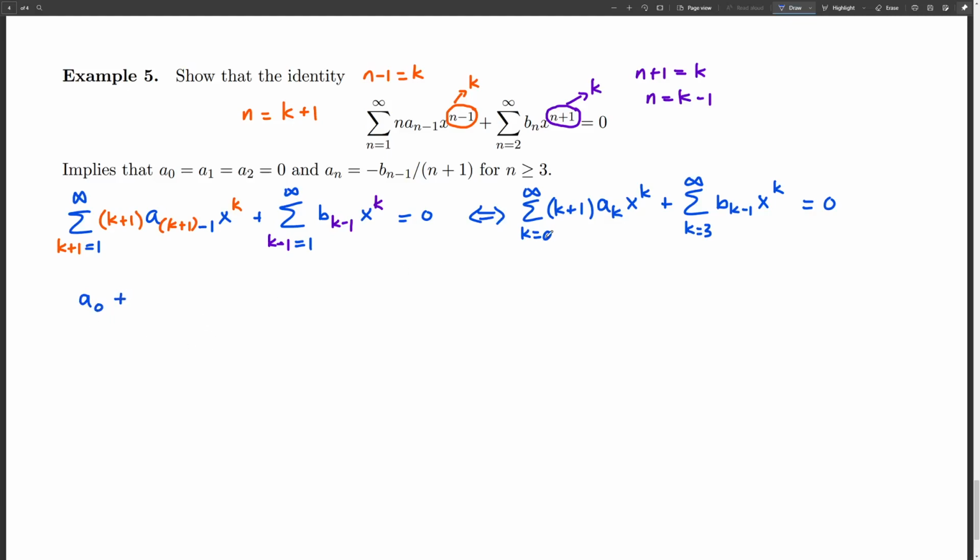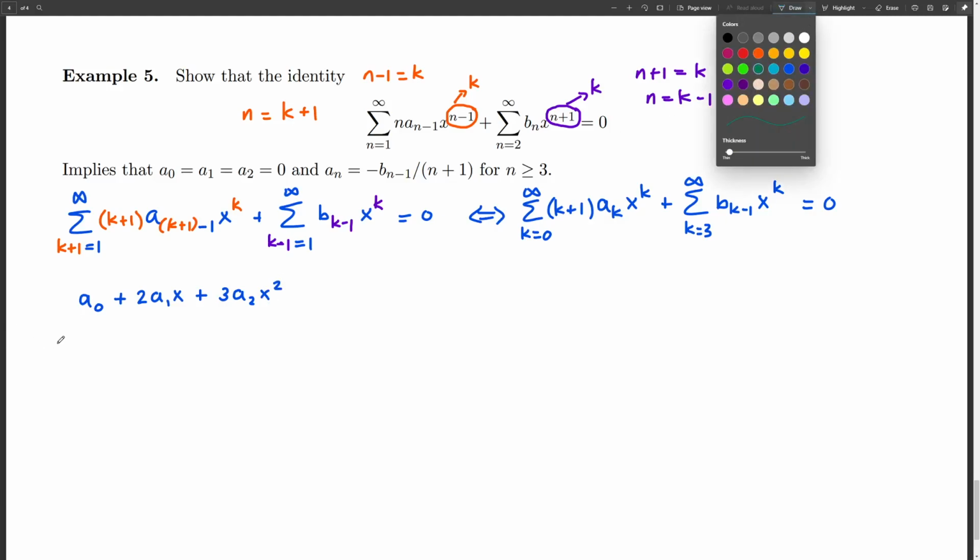Then the second term is when k equals 1, and this is 2 times a1 times x. And then when k equals 2, we get 3 times a2 times x squared.